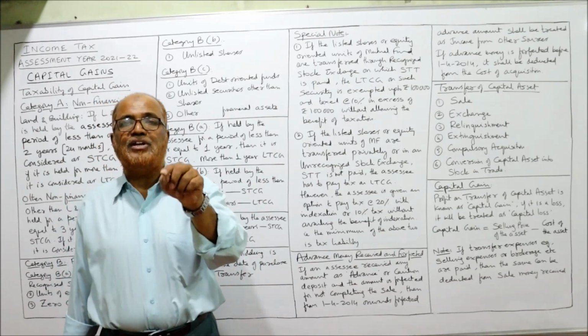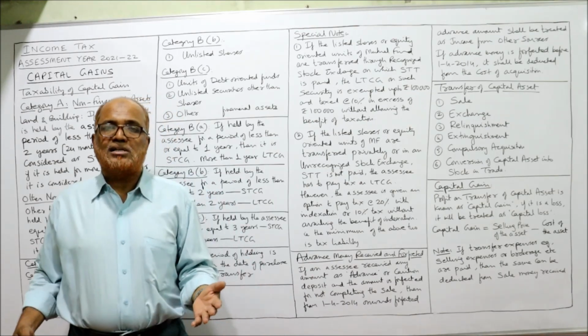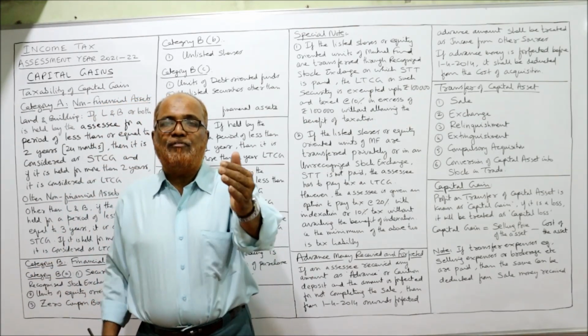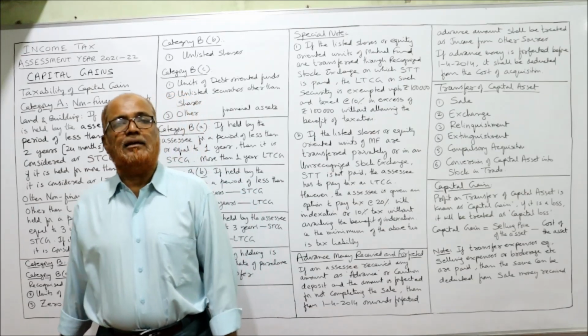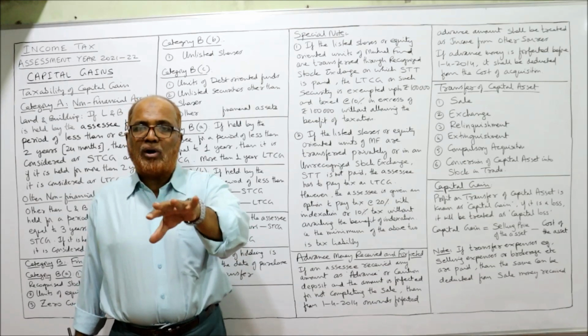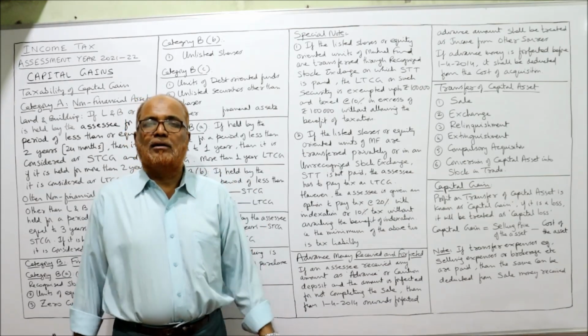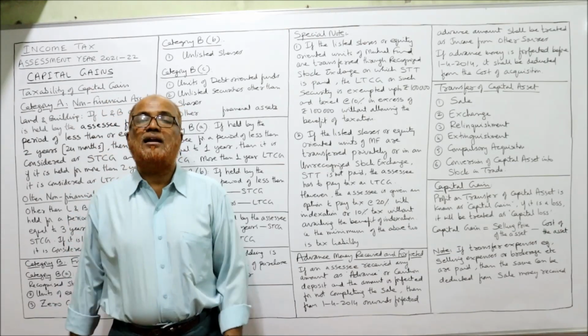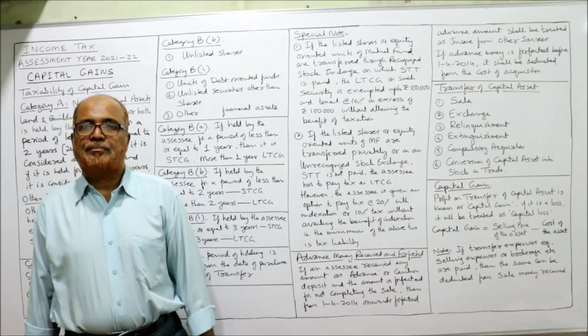That is called forfeiture. Then what the law says: if the forfeiture is done before 1/4/2014, then this forfeited amount is taxable under income from other sources.